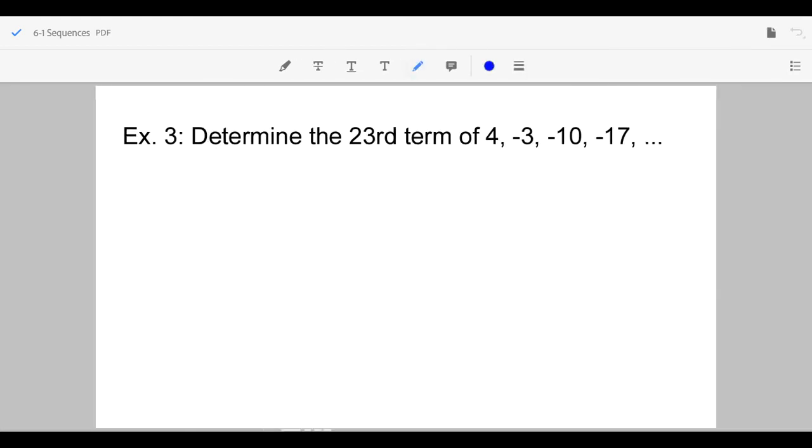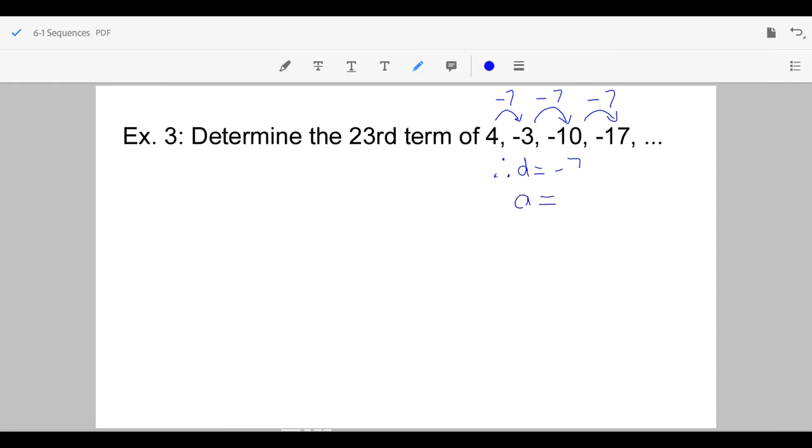Now we're going to determine the 23rd term of this sequence: 4, negative 3, negative 10, negative 17. From 4 to negative 3, we would subtract 7. To get from negative 3 to negative 10, we would subtract 7. From negative 10 to negative 17, we would also subtract 7, which means our common difference is negative 7.